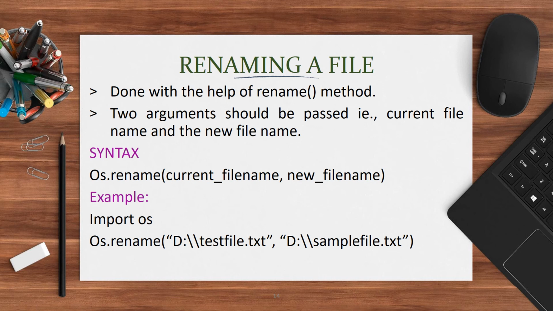Here I'm going to import os, then os.rename(). This is the current file name, test file dot text, and I'm going to rename it as sample file dot text. This is the way we can rename a file.